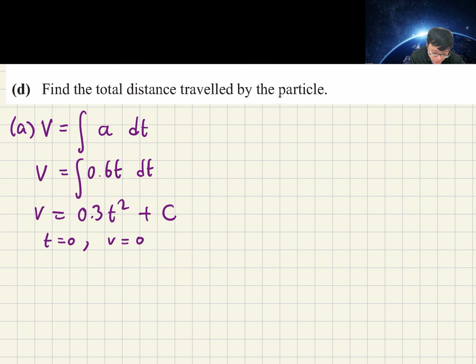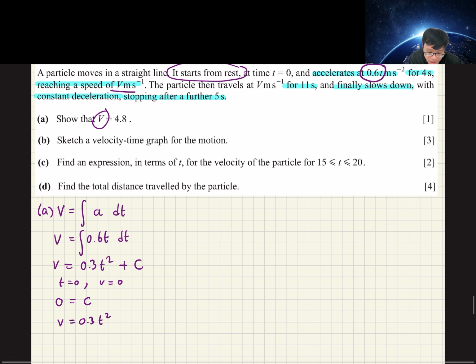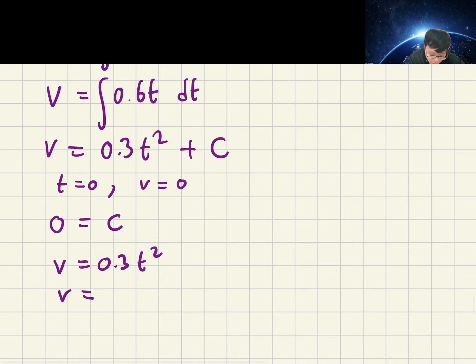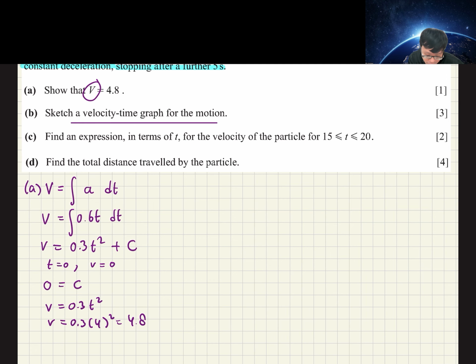So when you plug into the equation, you will get 0 equals c. So that means v is just 0.3t squared. And then we want to find the velocity when it is v, which is when the time is 4 seconds. So you plug in 4 and you will get 4.8. So it's shown.